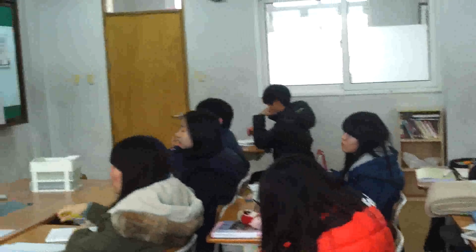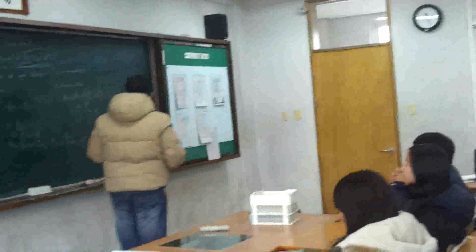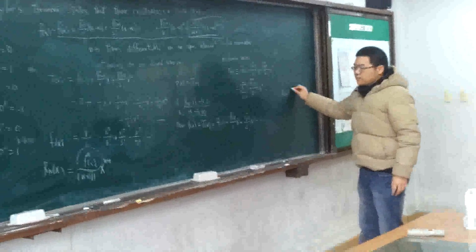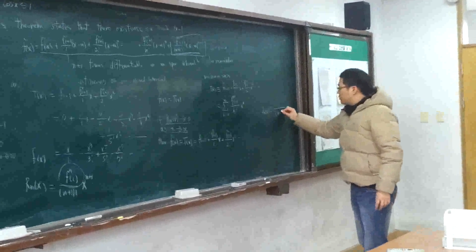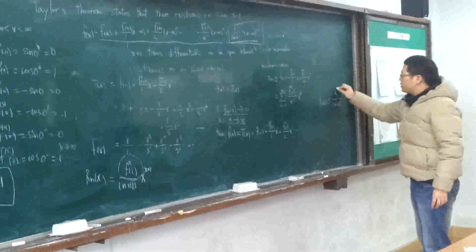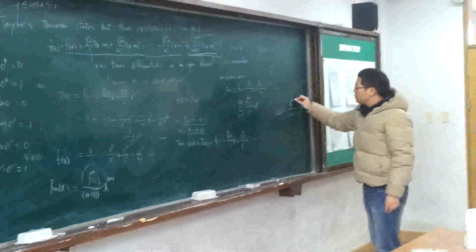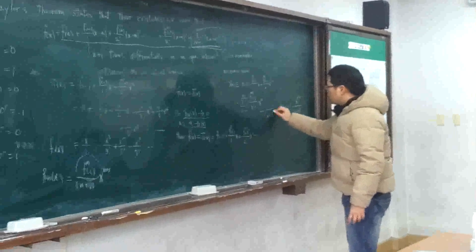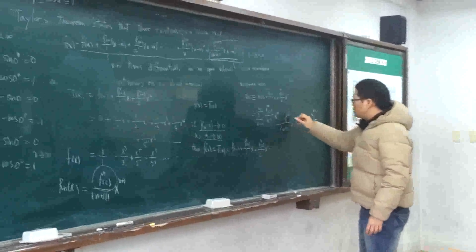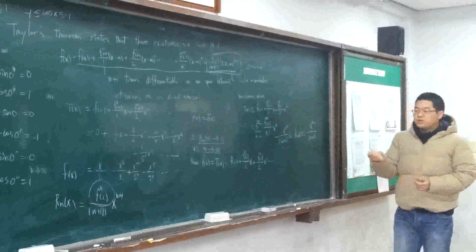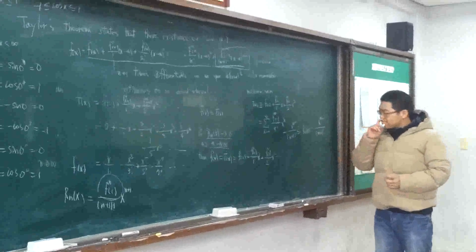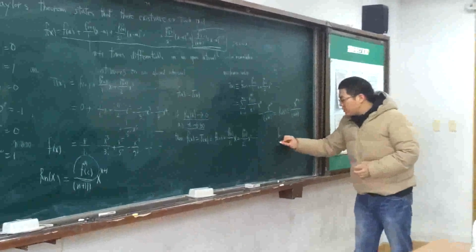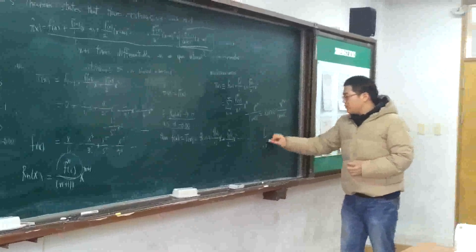So we can say the remainder term in this series is bounded between -|x|^(n+1)/(n+1)! and +|x|^(n+1)/(n+1)!, right? Then what do you think will happen if n goes to infinity?